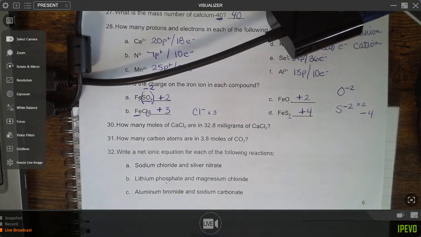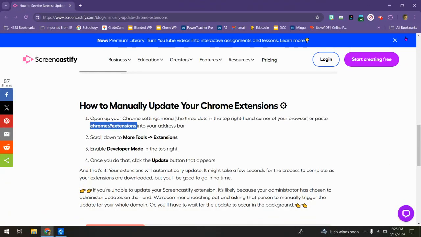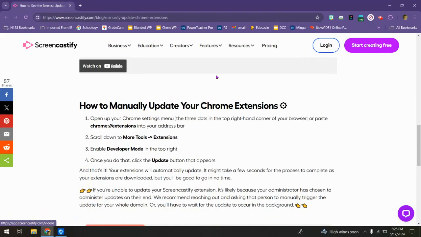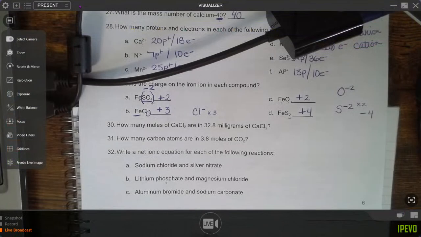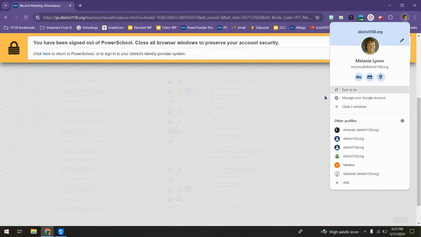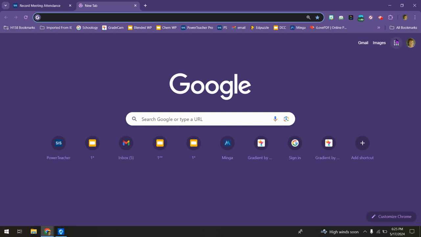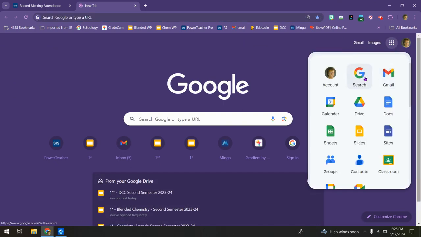I'm going to pull up a periodic table on my other computer, and we'll bop back and forth between the two screens. I'm going to go grab my periodic table.